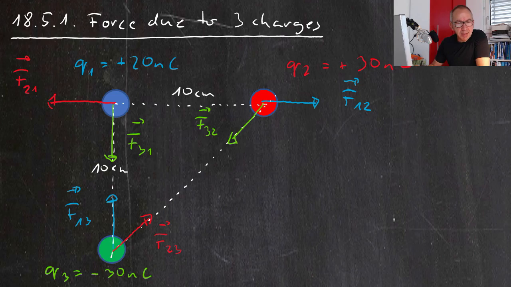We can now get the net force on each one by adding these forces as vectors. I can draw this. I have completed here these shapes, and the resultant is then the diagonal.